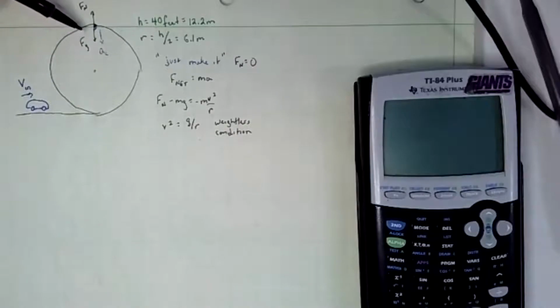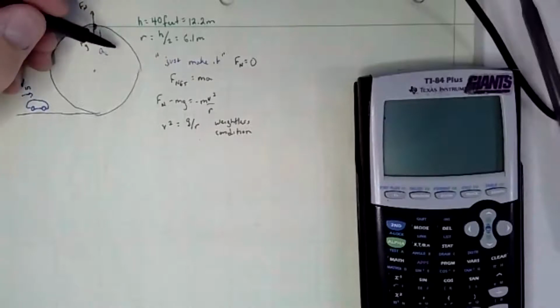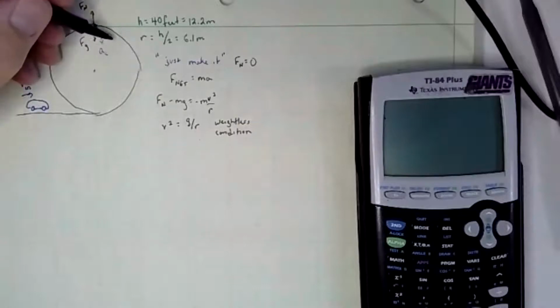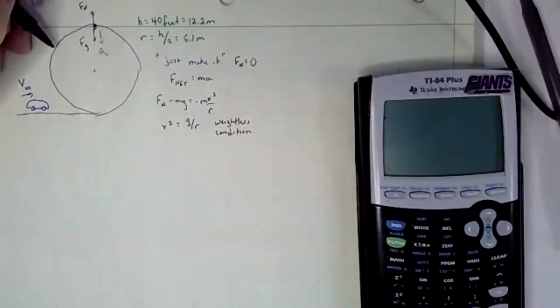So what happens if you go slower than this? Well, if the car goes slower than this, it falls. Then gravity is too much. So sometimes people ask, what's the force that keeps it on the track? And there is no force that keeps it on the track. It's just that gravity is busy executing circular motion, and there's not enough gravity to separate it from the track.